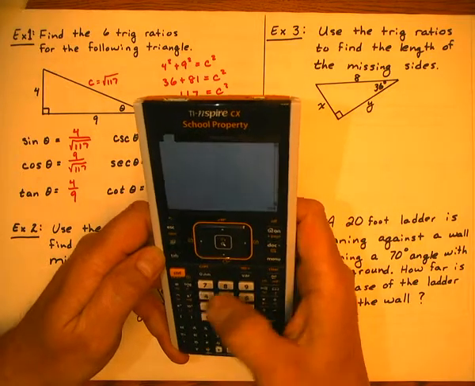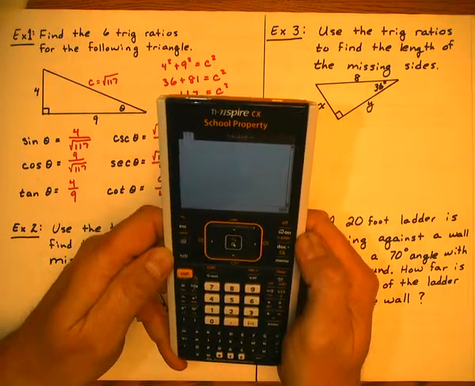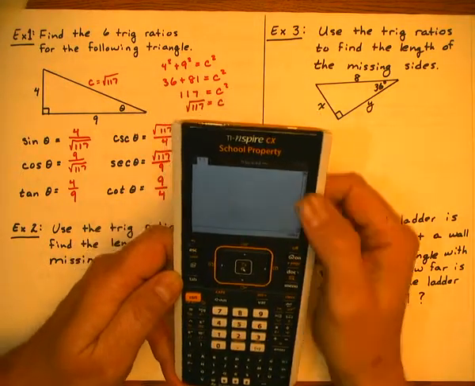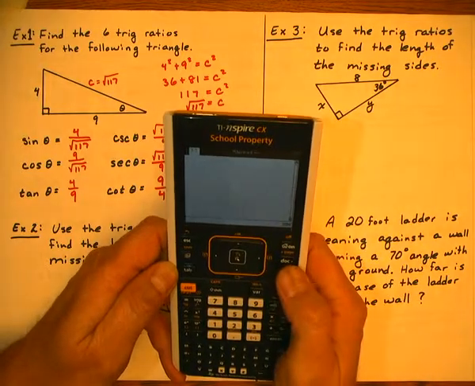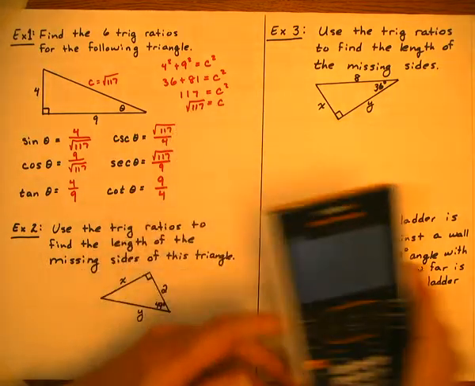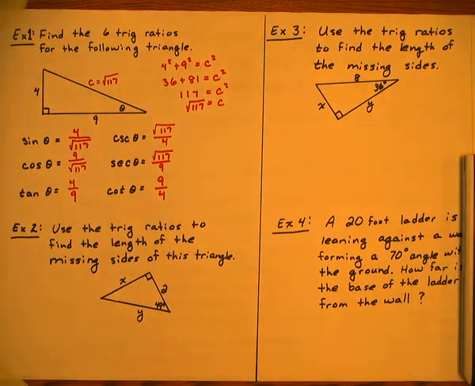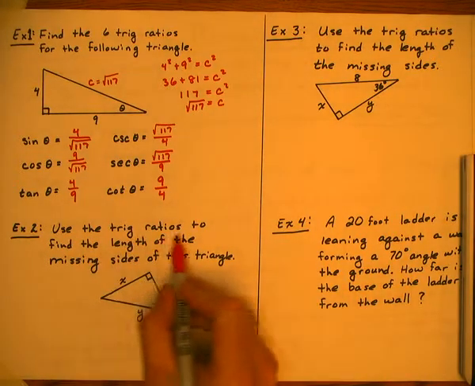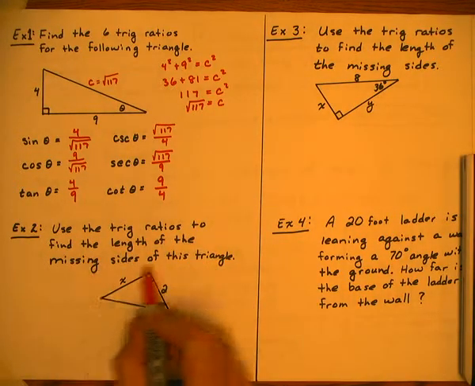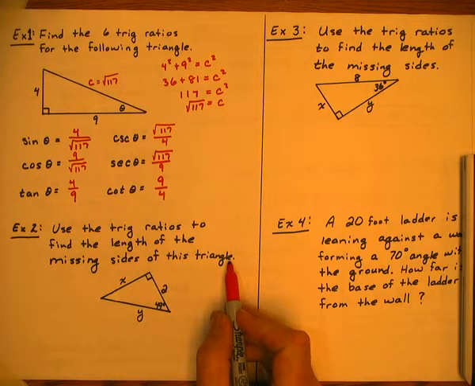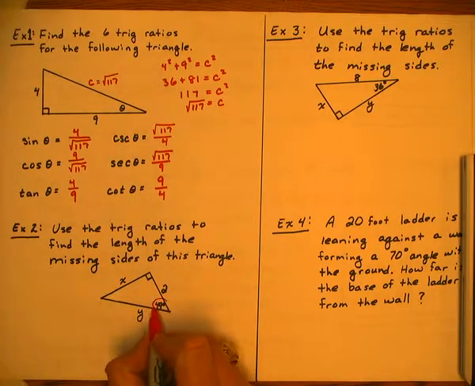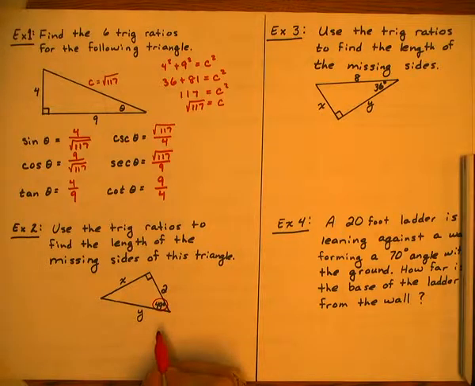Now let's go back to our document, and you can go up to the battery and check if you want. Alright, so with that done, this says use the trig ratios to find the length of the missing sides of this triangle. So this is the angle that we are referencing.